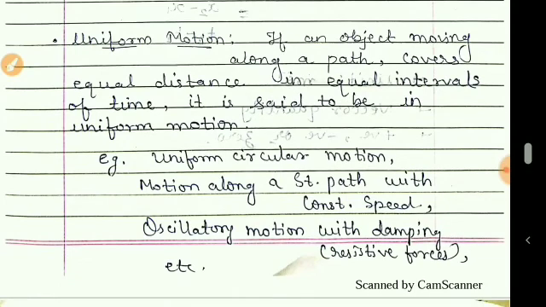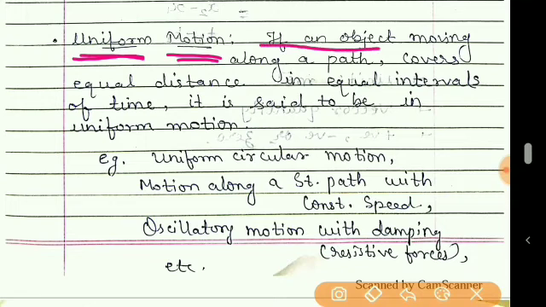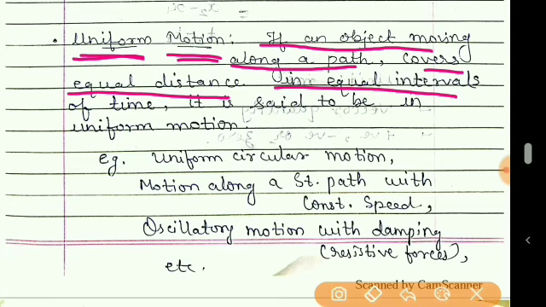Now about the motion. When is a motion considered to be a uniform motion? Here the definition says that if an object is moving along a path and covers equal distance in equal time intervals, then it is said to be in uniform motion.